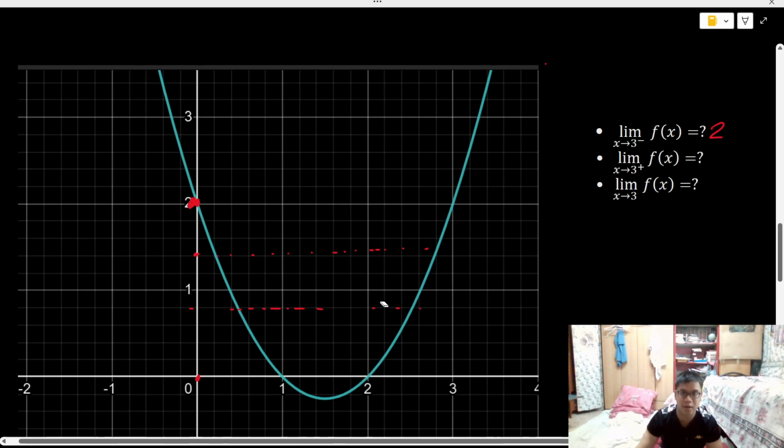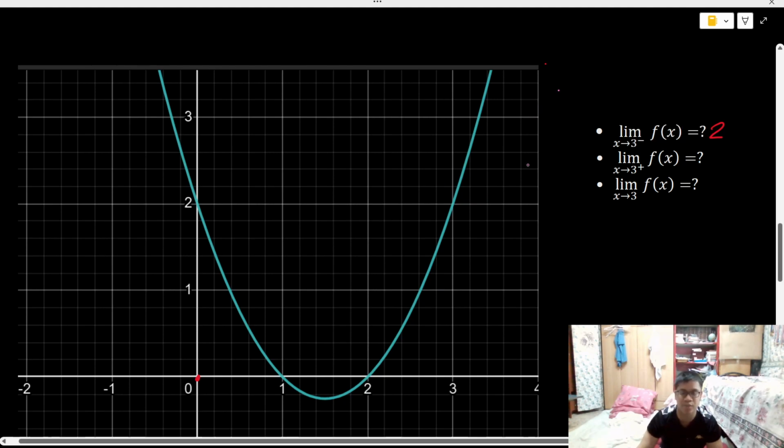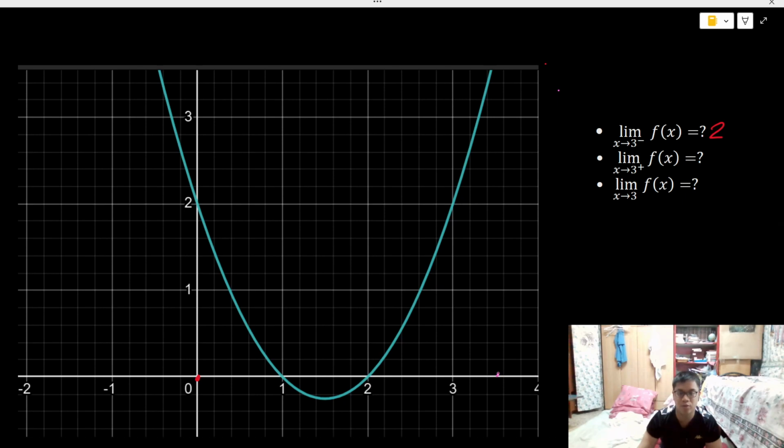Now, how about from the right? Let's just say we try green, dark green, maybe lavender. Or no, let's do pink. Much better. So here, let's just say we start from here, midway to 3 and 4.